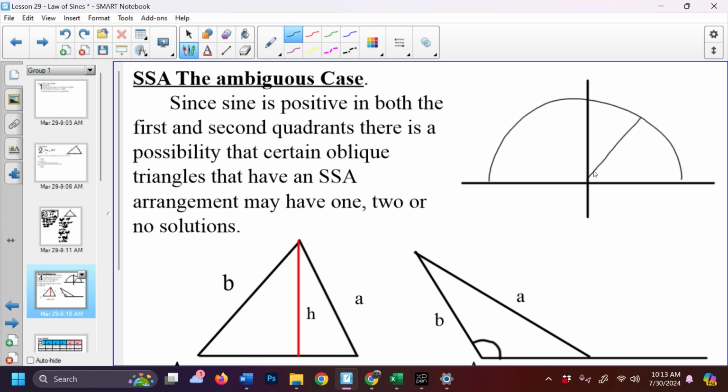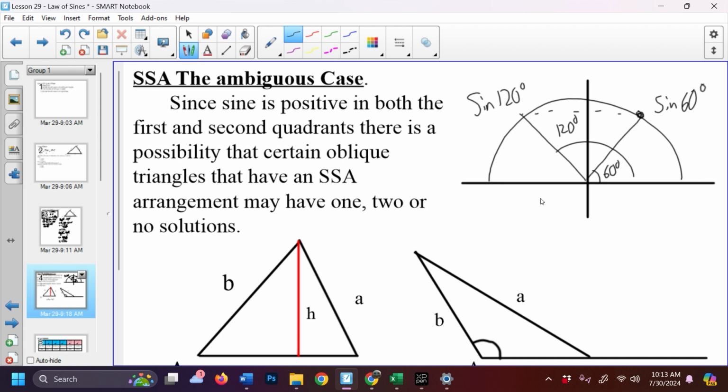and I make this angle here, let's say I make it 60 degrees, and I come over here and I make this angle here 120 degrees. Since they mark off the same value, the sine of 60 degrees and the sine of 120 degrees, we know that those are the same value.